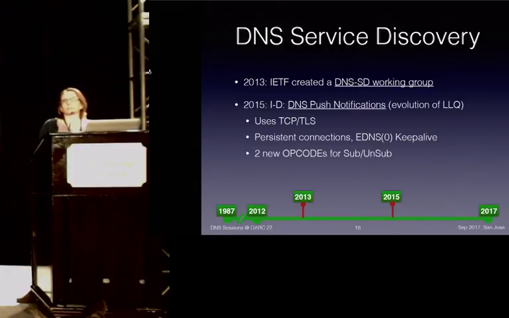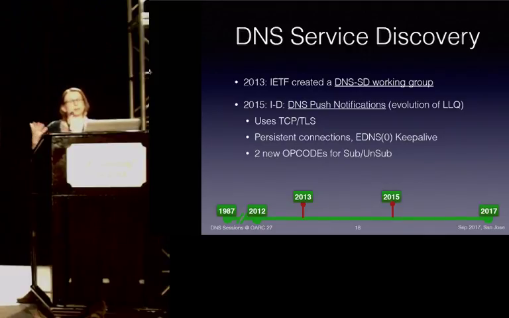Service discovery had also moved on by this point in time, to the extent that the IETF set up a dedicated working group to look at the problem of how to scale it. In 2015, a very interesting draft came out called DNS push notifications. And this was kind of a descendant of those long-lived queries that happened earlier, because by this point in time, the authors no longer needed to fabricate their own handshake.